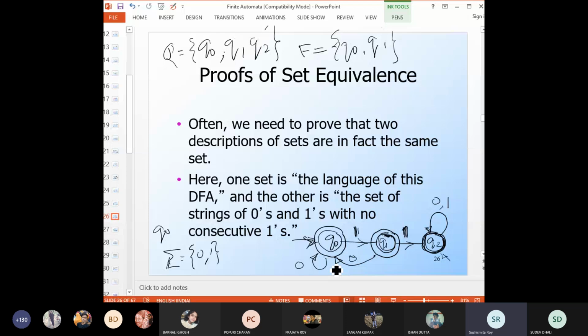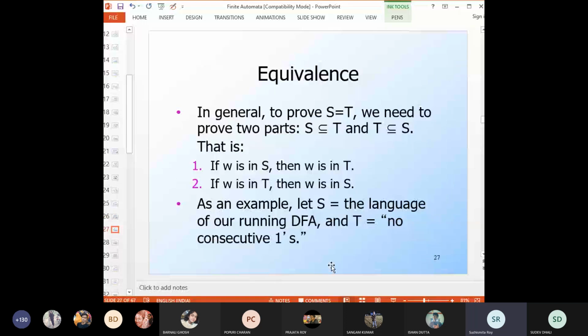The equivalence is just a definition and what the finite automata is actually doing. So this is the language accepted by the finite automata. Now suppose we have been given 2 different finite automata. How do we state that these 2 finite automata are actually equivalent? They are doing the same thing.